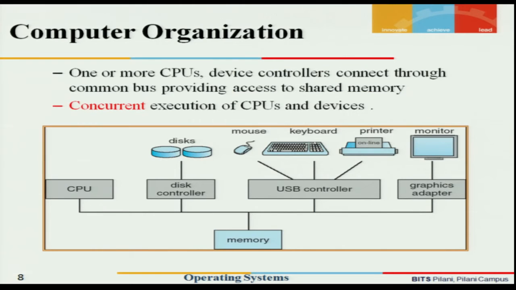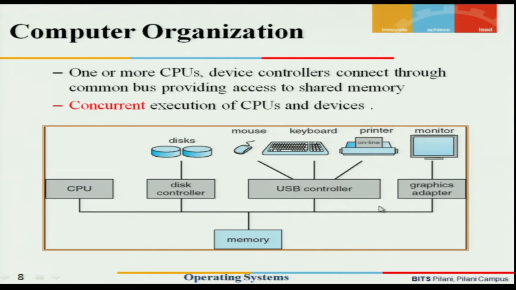If we look at computer system organization, it is possible that one or more CPUs, devices, and device controllers connect through a common bus. We notice that through this common bus the CPU is connected, a disk controller, and through this controller our hard disk is connected.